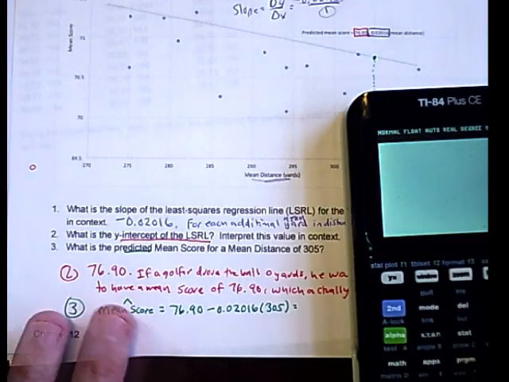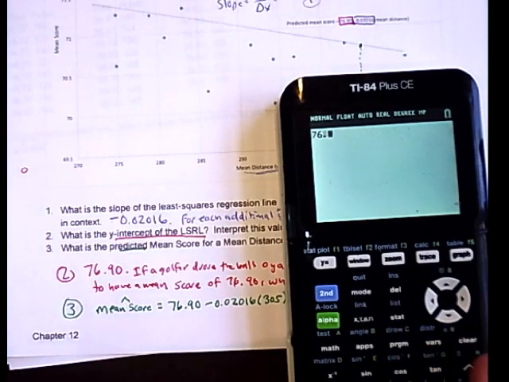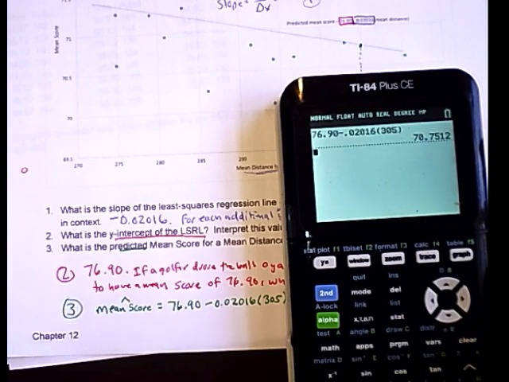Okay, I'm just going to use my calculator to help me figure that out. I'm going to do 76.90 minus 0.02016 times the 305. I'm going to get 70.7512.